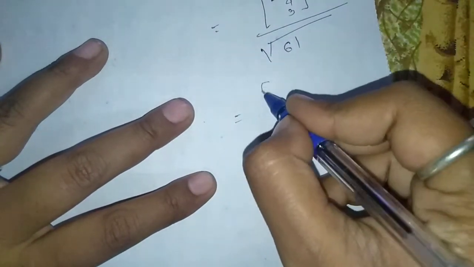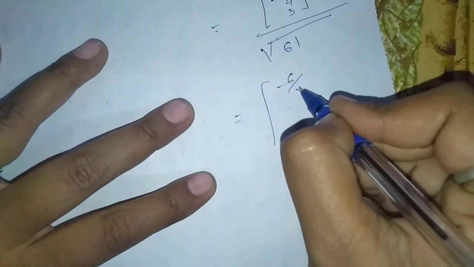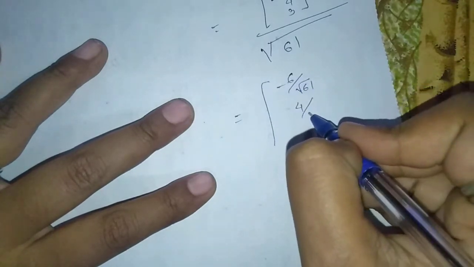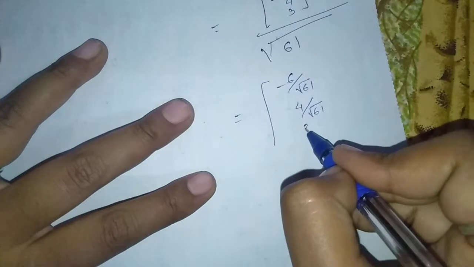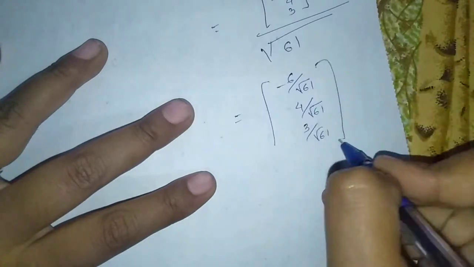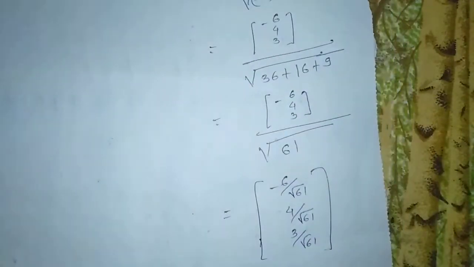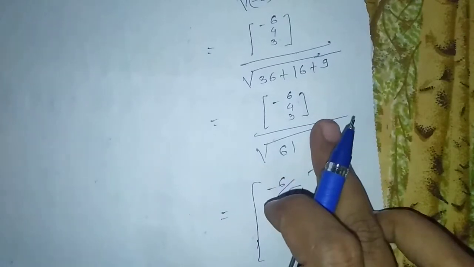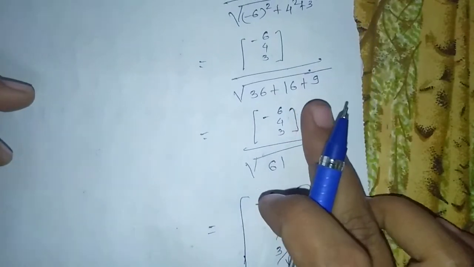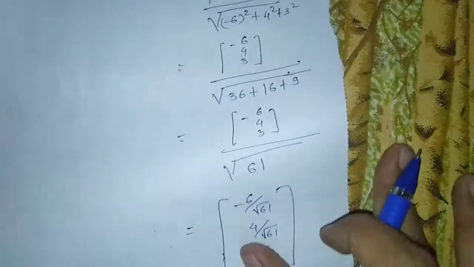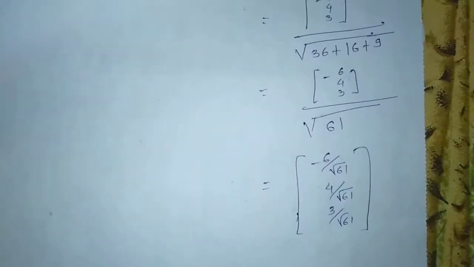So the unit vector becomes (-6/root 61, 4/root 61, 3/root 61), because 1 upon root 61 is multiplied by (-6, 4, 3). That's why we get this unit vector.